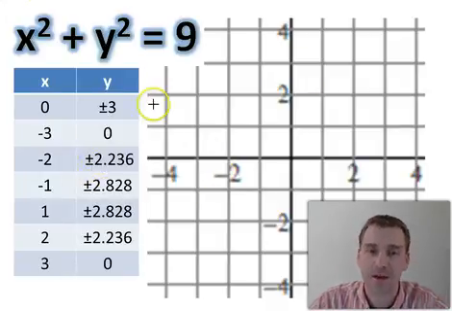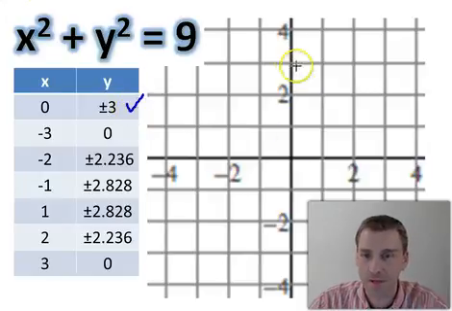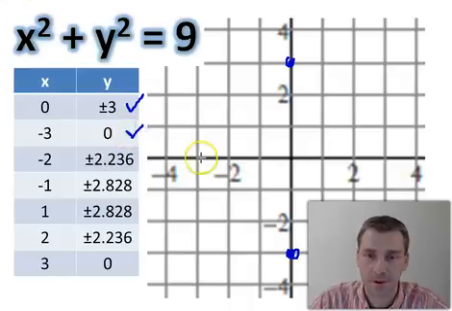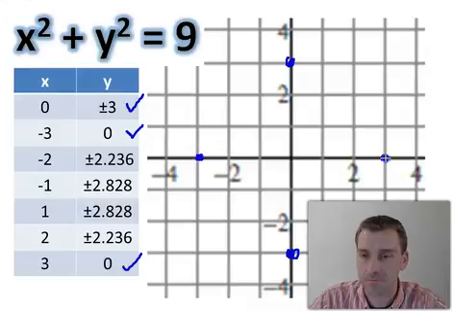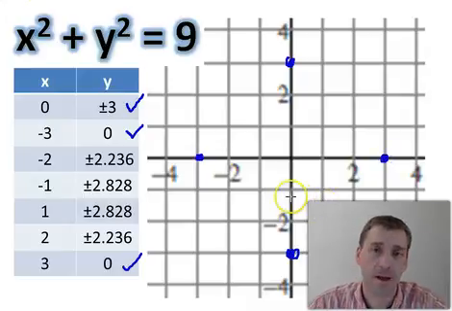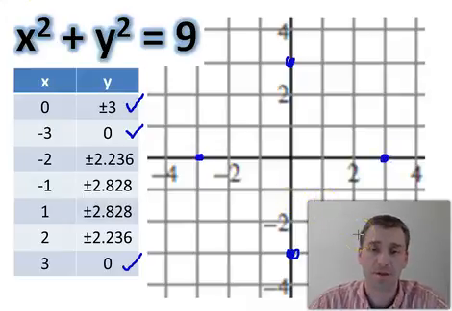If I now put my dots on there, let me do these again. 0, 3, 0, -3. Let me take this one. -3, 0. That's right there. Let me take this one. 3, 0. Well, this isn't looking like a parabola. This isn't looking like a straight line.